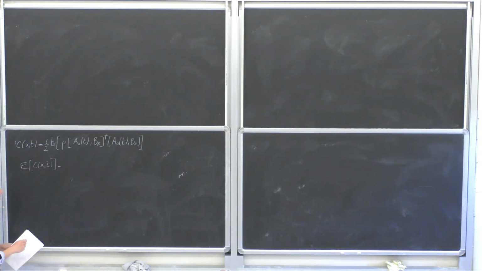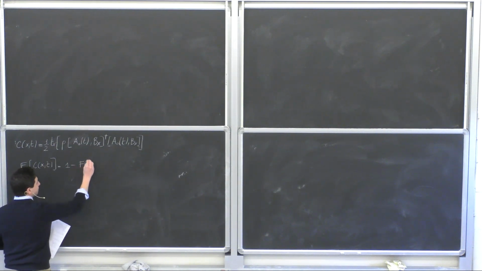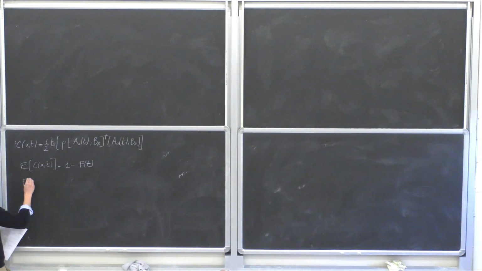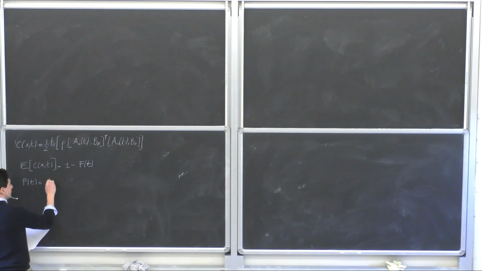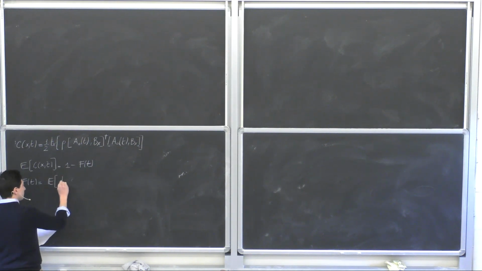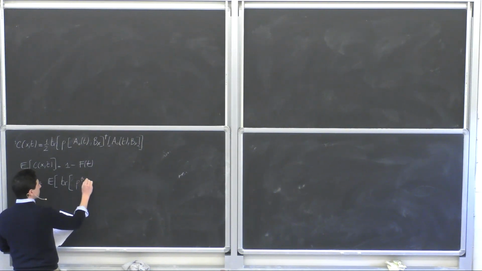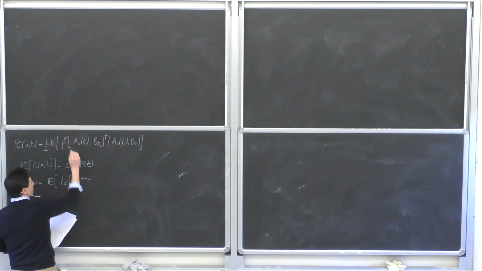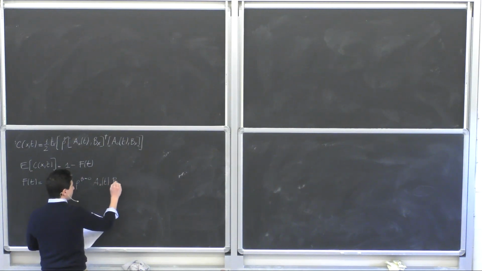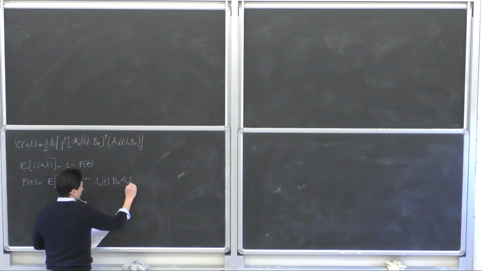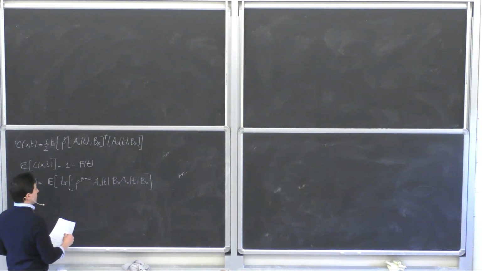We showed that after time t equal to 1, this is equal to 1 minus some f, which is just the OTOC, the out of time order correlator.